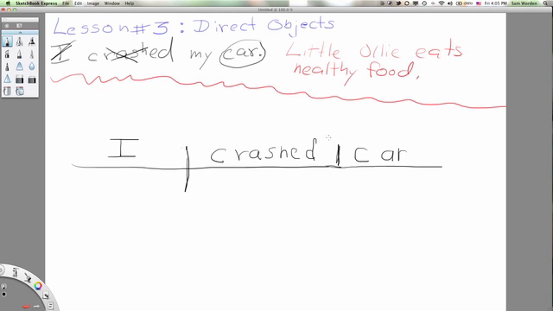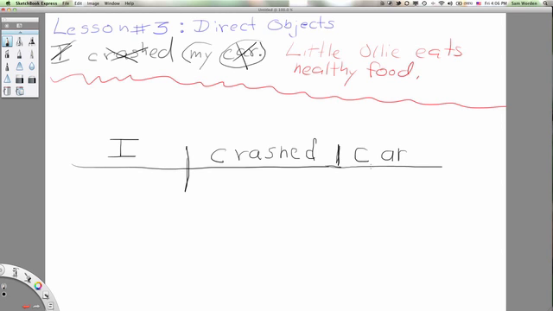And what about my? What's that kind of word? My is what you call a possessive pronoun. You could say the car of me, or the car of Sam if you want to go with that, or Mr. Worden, whatever your preference is. But that's wordy, so we use this pronoun, which simplifies things, my.